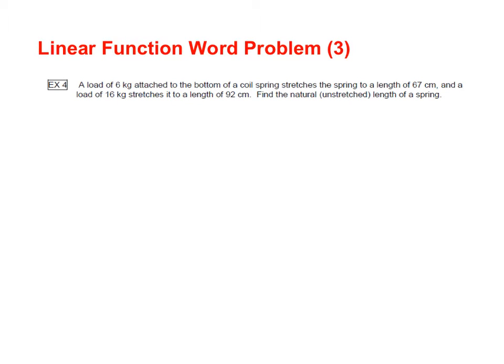Okay, so before we get to the question, let's come up with the equation that would model the situation. So 6 kilograms is attached to the bottom of a coil spring and it stretches it to a length of 67 centimeters. So there's our first ordered pair. And again, let's make sure off on the side we understand what each variable is representing.